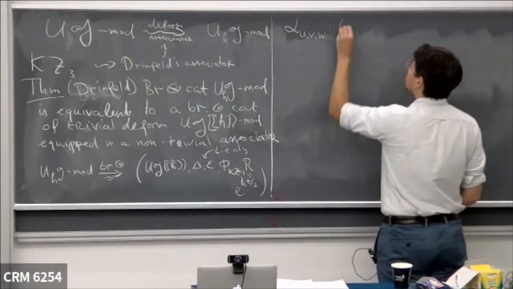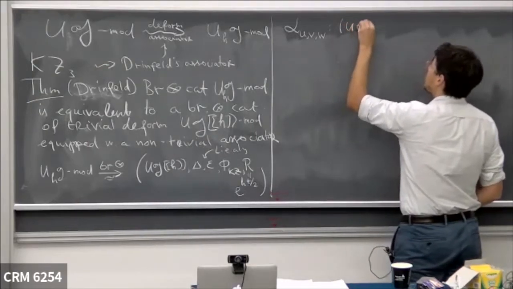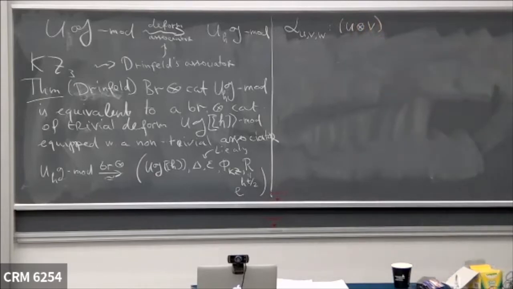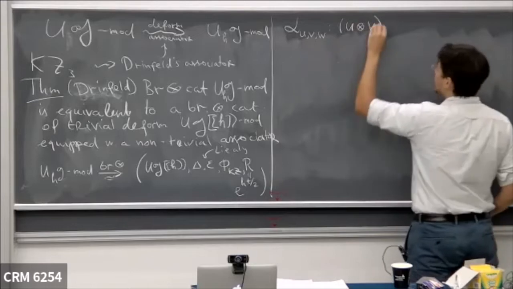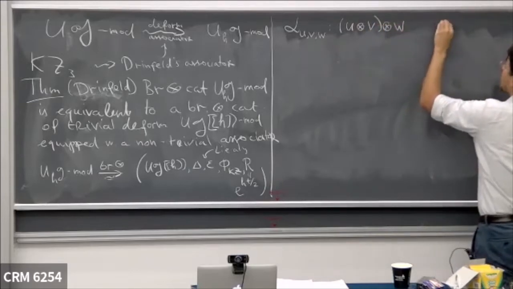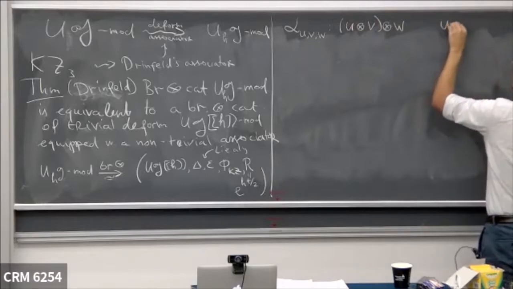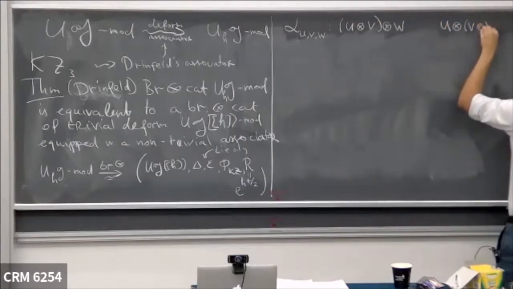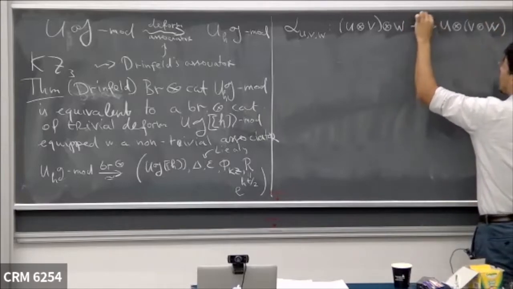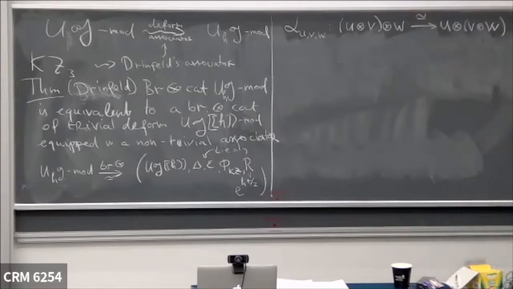Okay. So what is an associator? It's a family of isomorphisms. I have objects U, V, W, a triple, and I multiply them this way. In the standard associative algebra, when I multiply three elements, they just are equal. But in a category, it's better to ask that they are just isomorphic. But you don't want to ask for just an isomorphism.